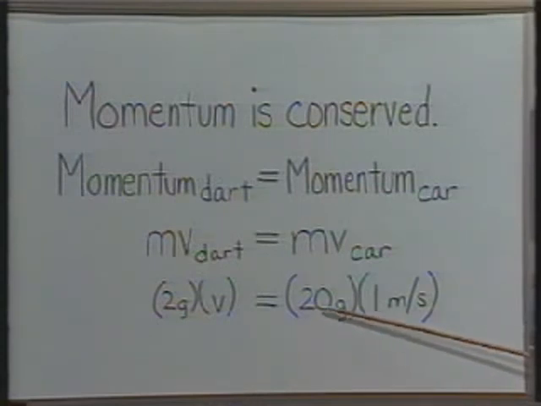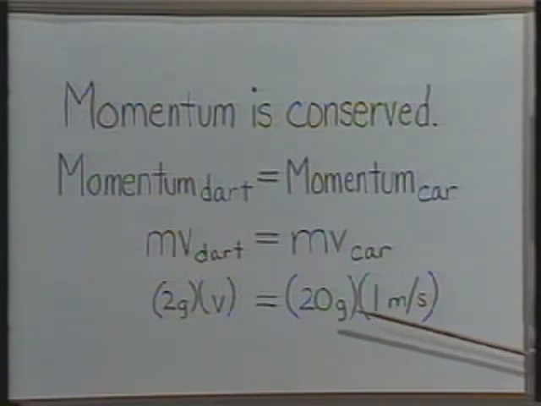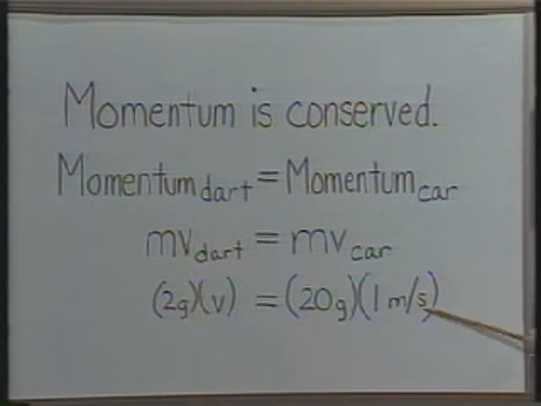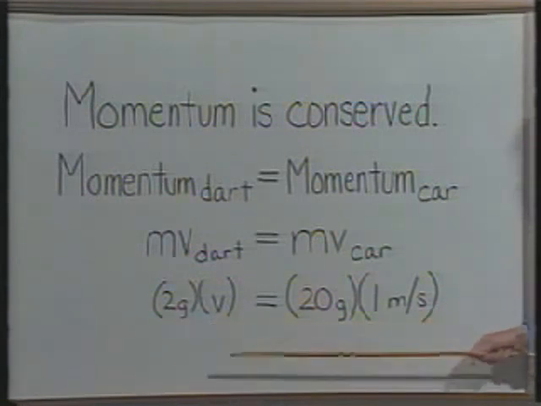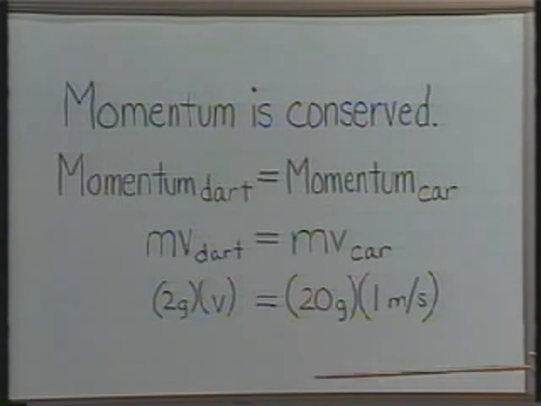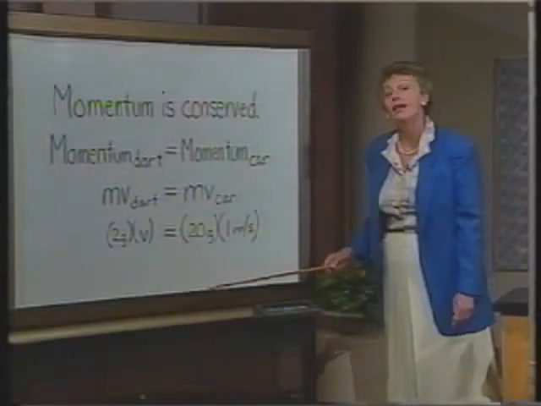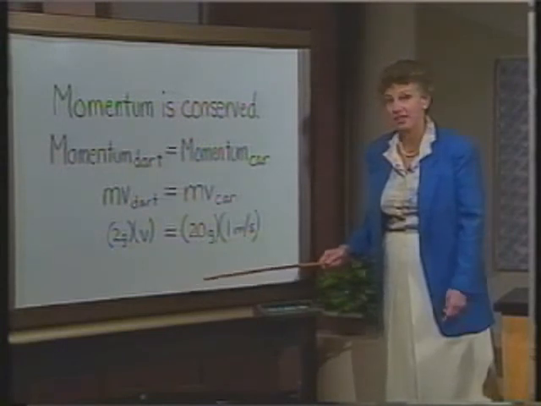It moved across the table at about a distance of a meter, and it took about a second. So its velocity was 1 meter per second. That velocity times 20 grams now equals the mass of the dart times its velocity, and you find that the velocity of the dart is actually 10 times that of the car. It's about 10 meters per second.